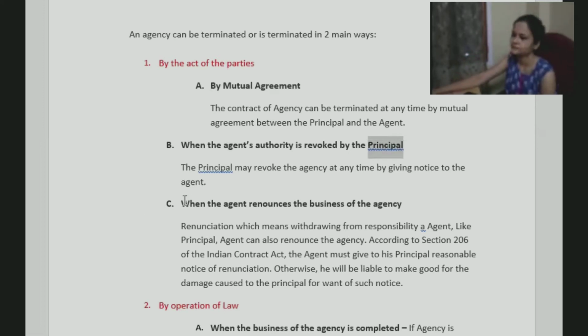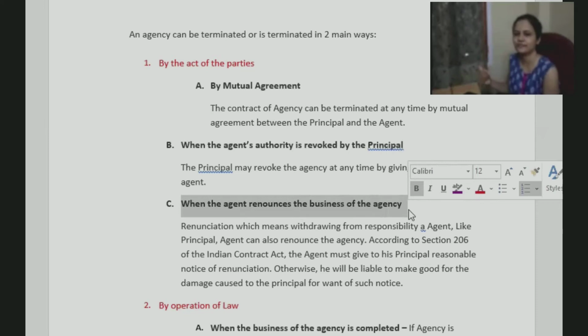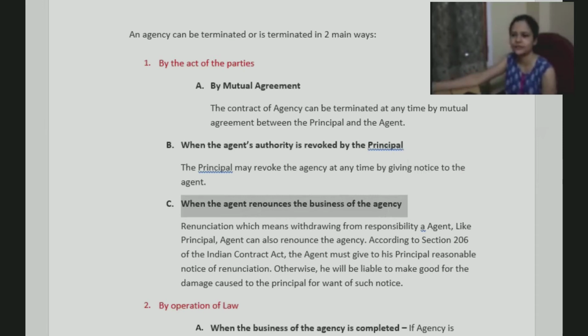Similarly, when the agent renounces the business of agency, that means the agent himself is saying that I want to put an end to this, I don't want to act as an agent anymore, I want to separate myself from it. That also may lead to termination of agency.